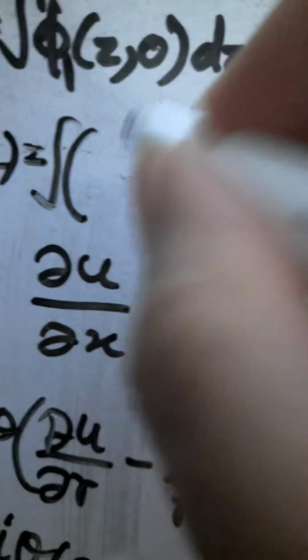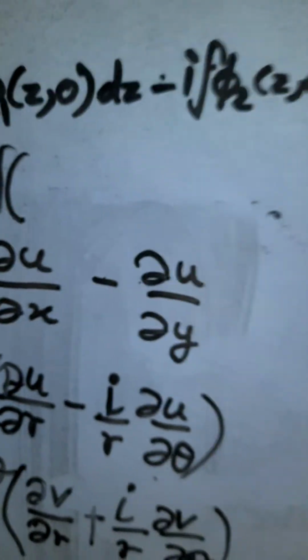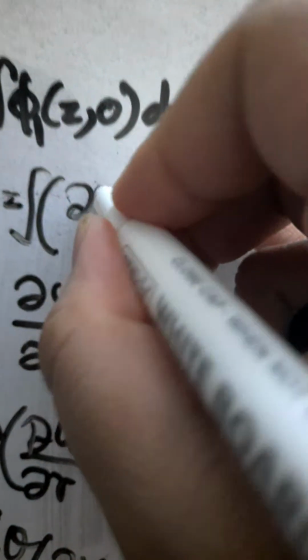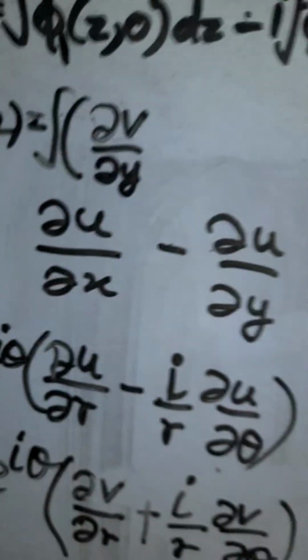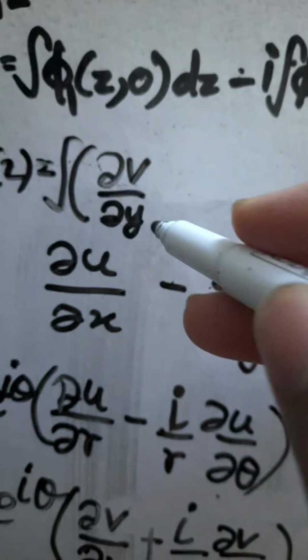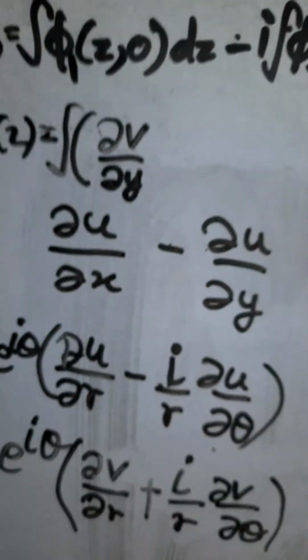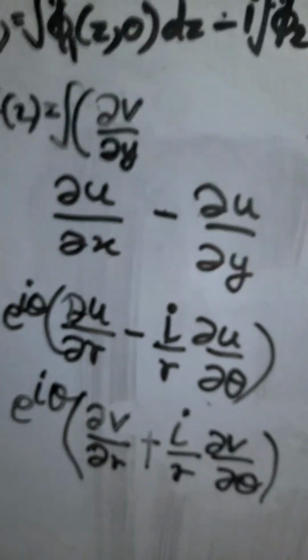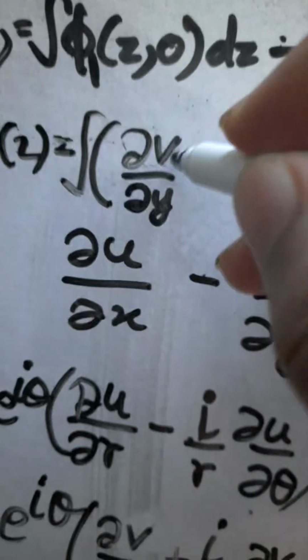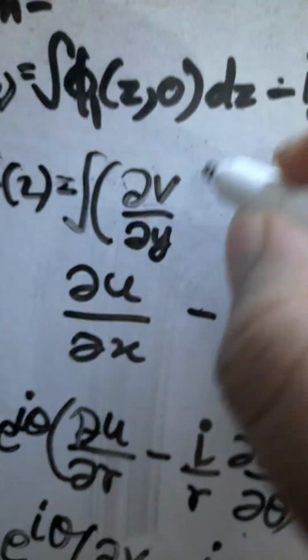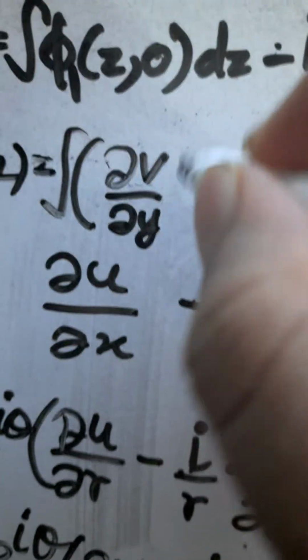So this is like del u by del x, del v by del y, del u by del y. But in del v, the first function would be del v by del y, right? Because v and y are related. v is the second function of z, the imaginary function of z, and y is the imaginary function in z. So v and y are related. They are derivatives of each other with respect to each other. So yeah, this is there.